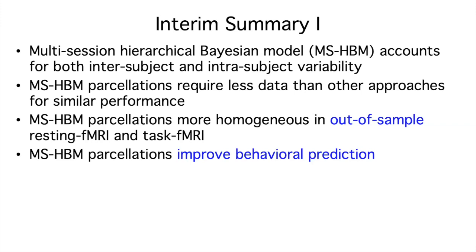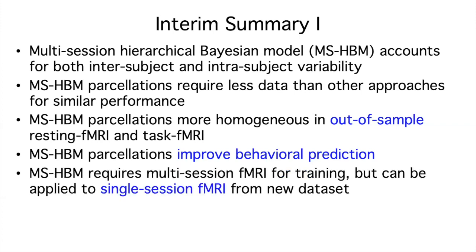We also show that individual specific parcellations can improve behavioral prediction. The model needs multi-session data for training, but once it's been trained, it can be applied to single session fMRI data.